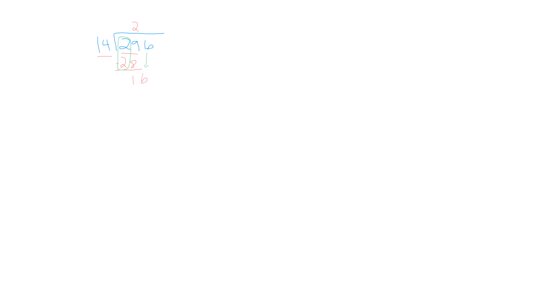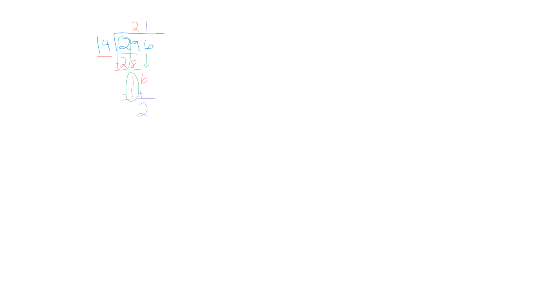And how many times can 14 go into 16? One time. 14 times 1. Remember, this number has to cancel or else I didn't do something correctly. 6 minus 4 is 2. And there's nothing else I can bring down. So that means 14 times 21 is very close to 296 without going over.